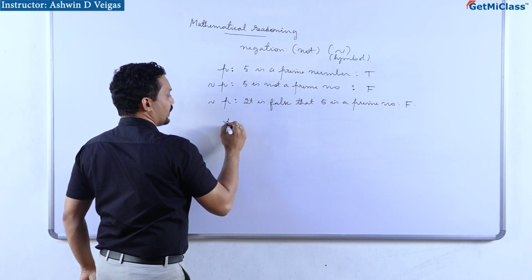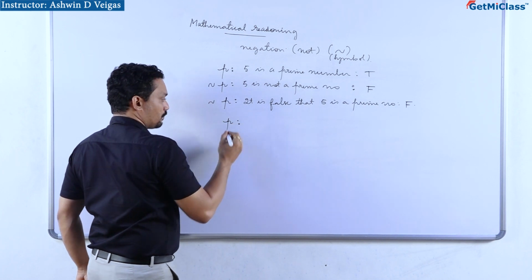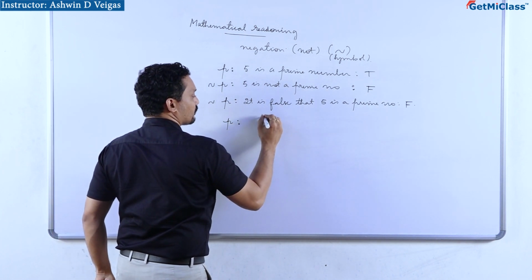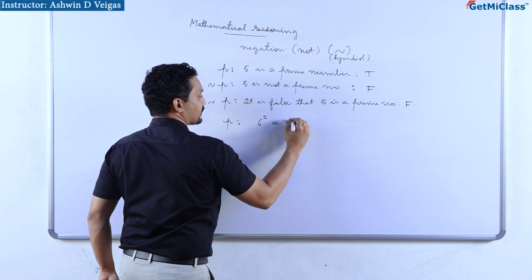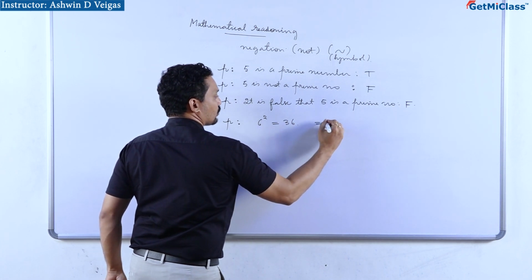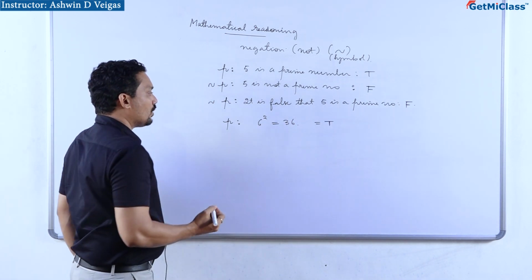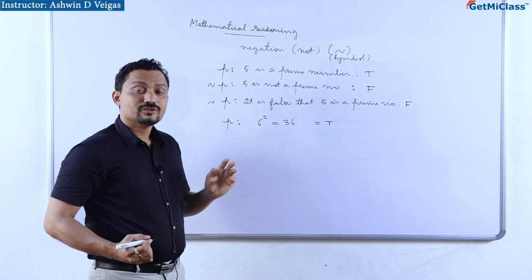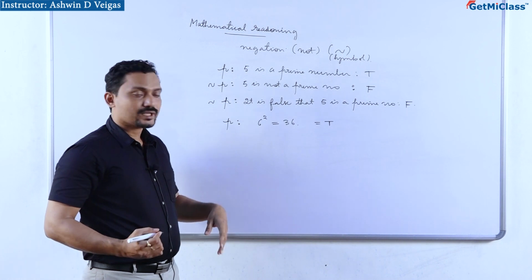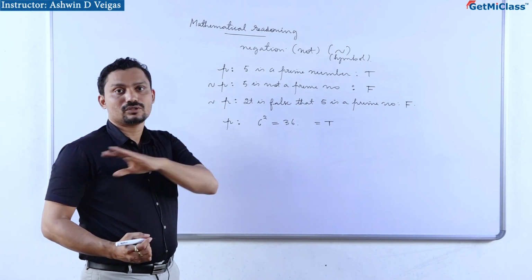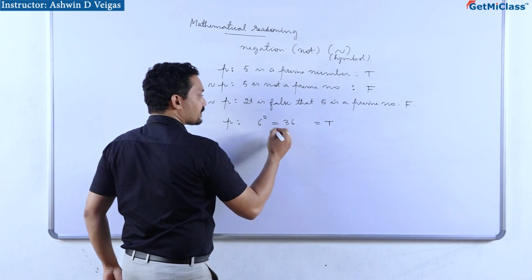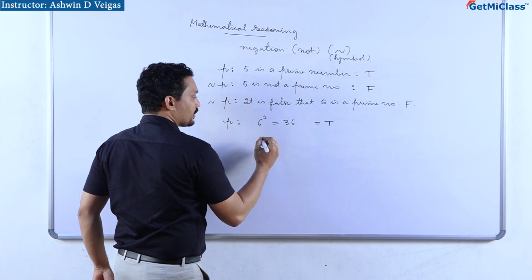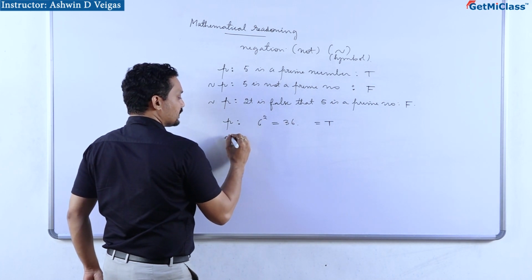Before going to that, let us take another example. Let us say P is 6 square is equal to 36. Now, we know this is true. How to negate it? If you use the word not, you can say 6 square is not equal to 36, or, since we have a symbol for not equal to, we can write the negation like this.